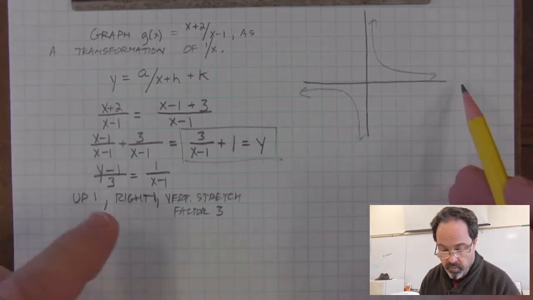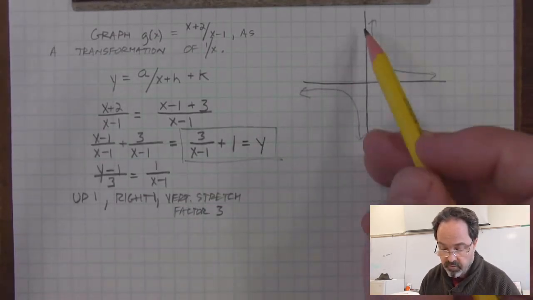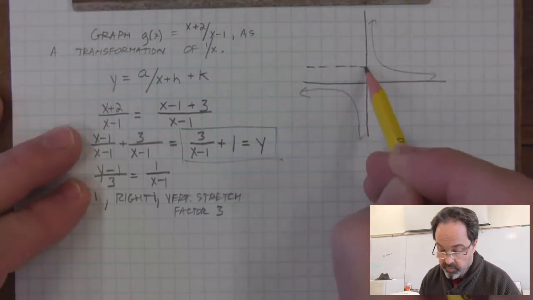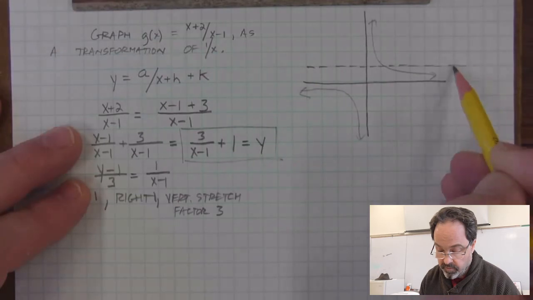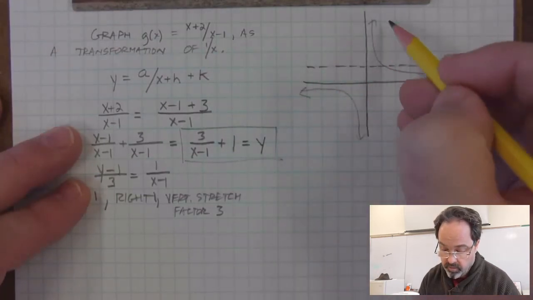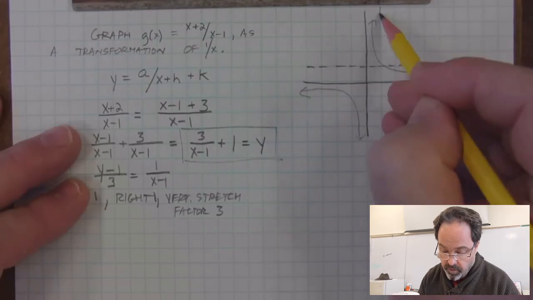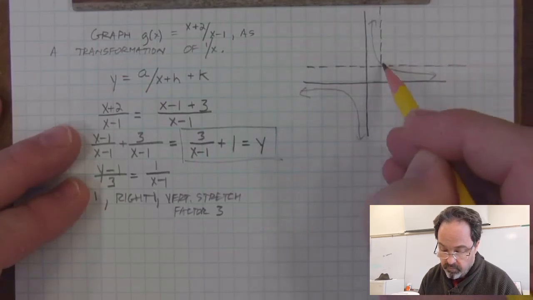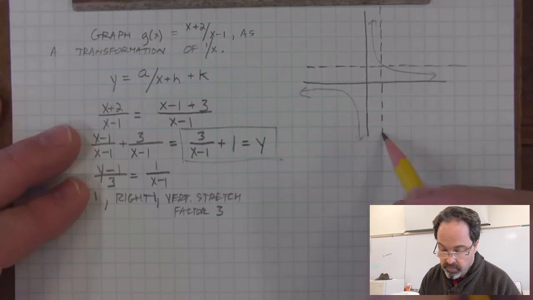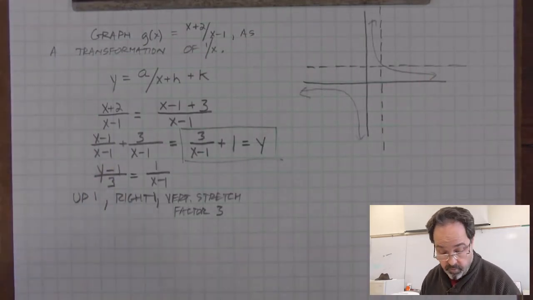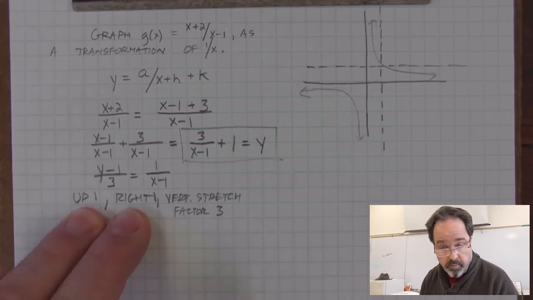So if I go up 1 and right 1, I could imagine those asymptotes moving to new positions. I'm going to draw the asymptotes of my transformed function. Up 1 will be the horizontal asymptote moved up 1, and right 1 will be the vertical asymptote moved to the right 1. These are the locations of the new asymptotes of the transformed graph, and they take care of the up 1, right 1.